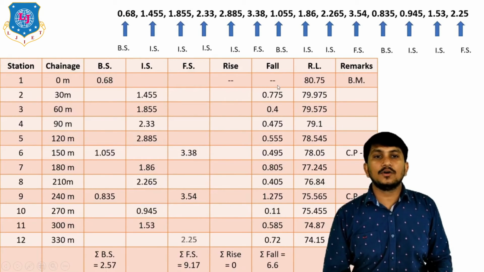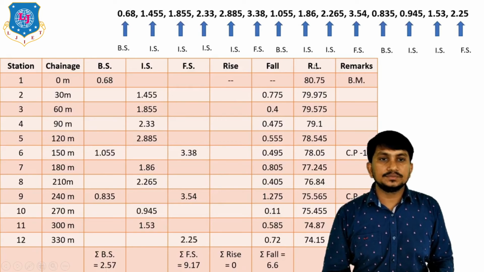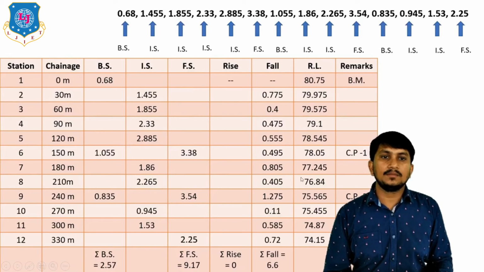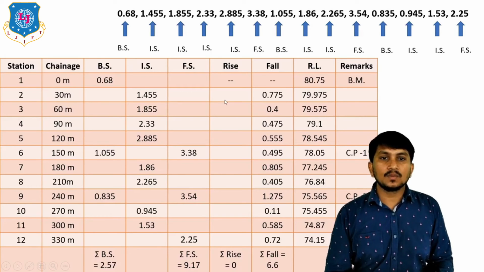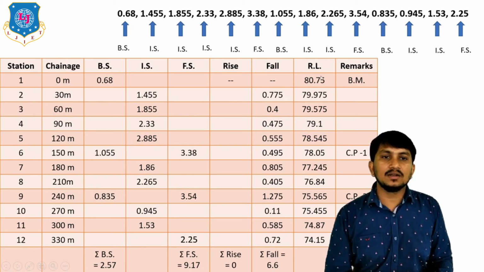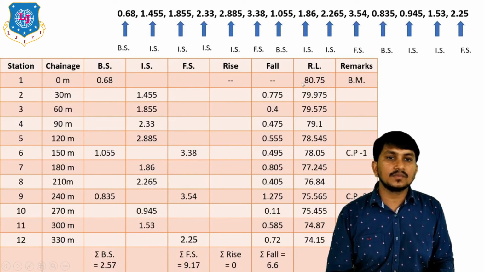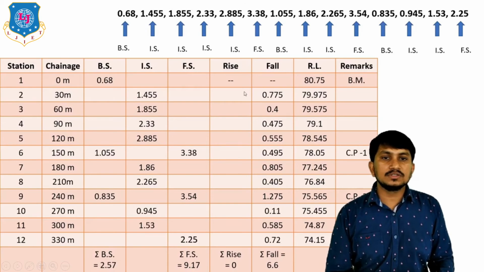After finding rise or fall, we can calculate the RL of all points by adding or deducting the rise or fall from the preceding RL. We have the RL of the first point, 80.75. To calculate the RL of the second station, we use the rise or fall.